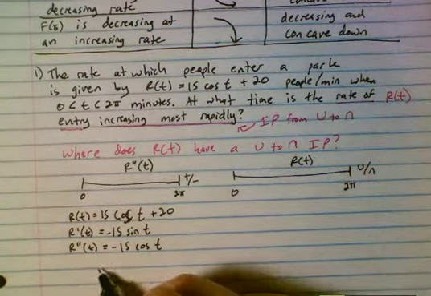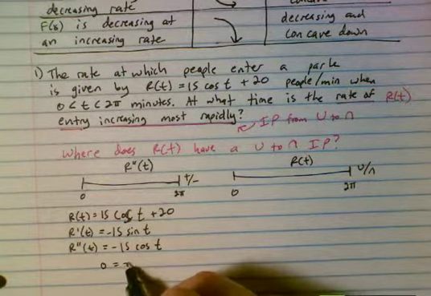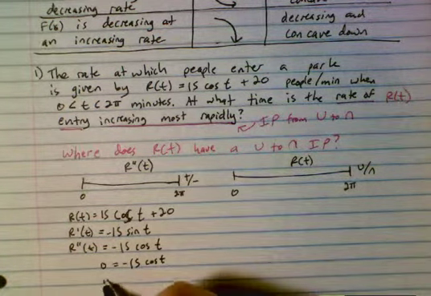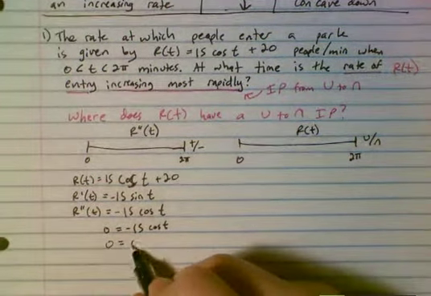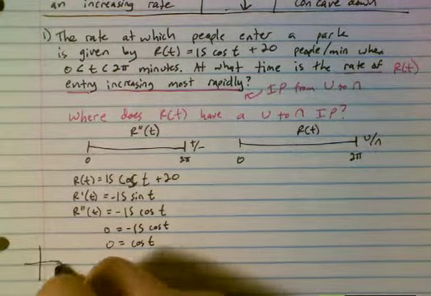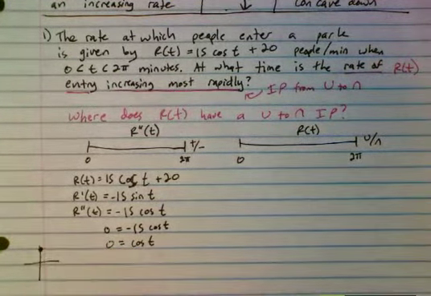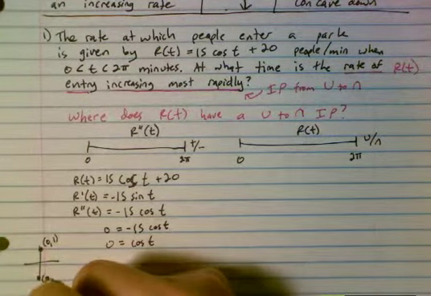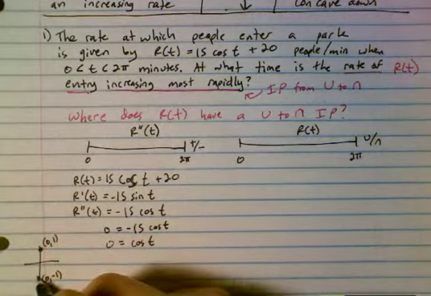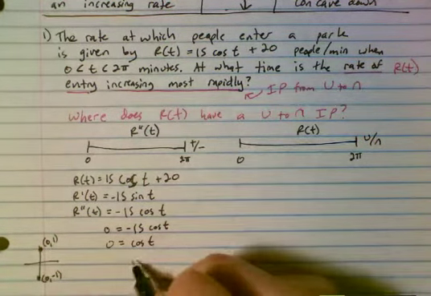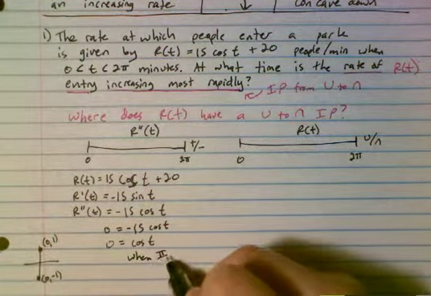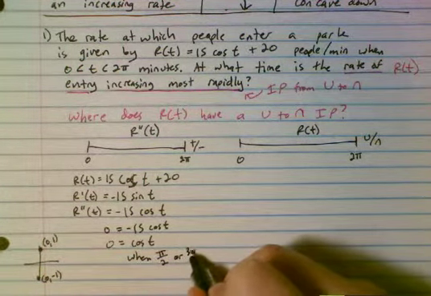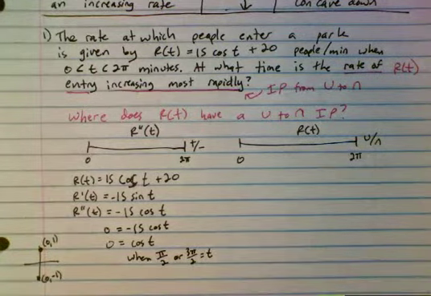So the 15 we ignore, we're trying to figure out when that is equal to 0. So divide both sides by 15. And I know that on the unit circle, cosine corresponds to the x-coordinate. So between 0 and 2 pi, that would be at pi over 2 or 3 pi over 2 equals t.